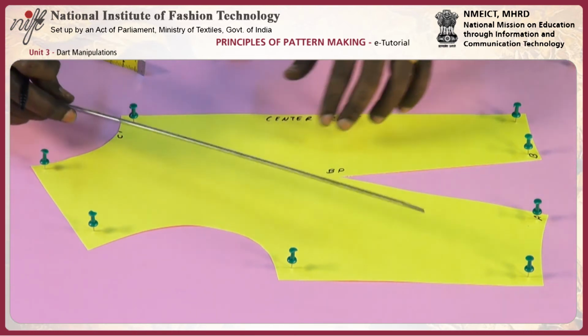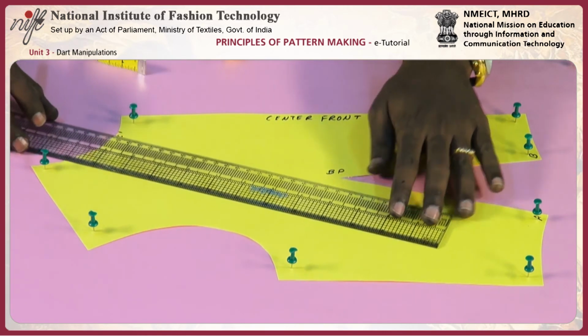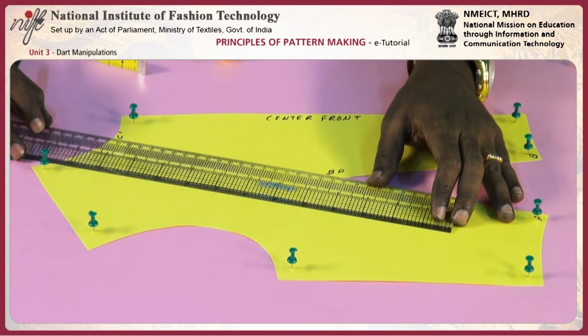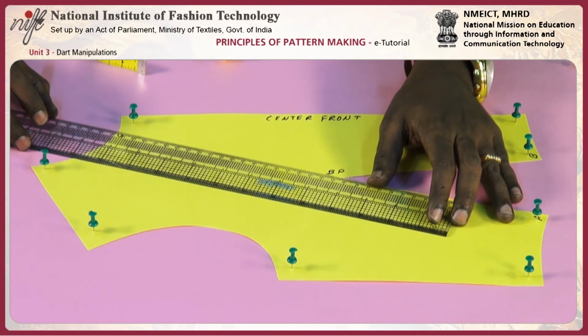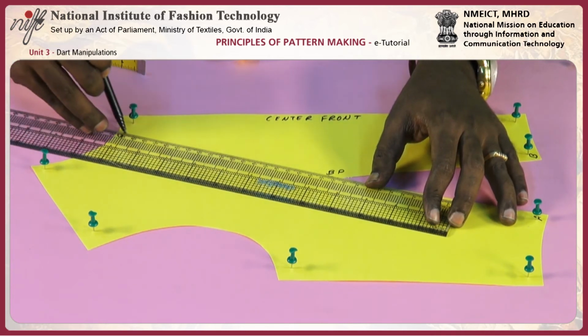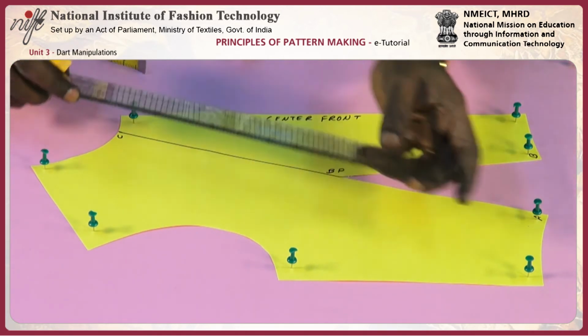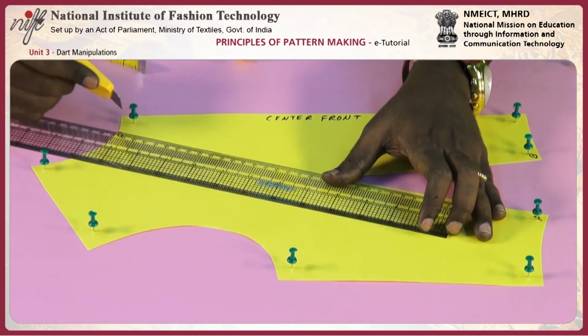Now draw a straight line from C to bust point. Slash the line.